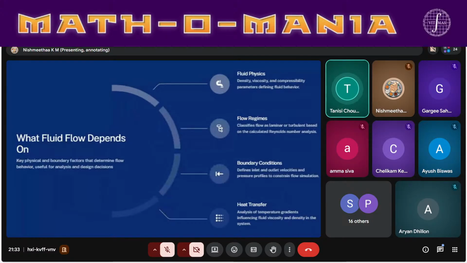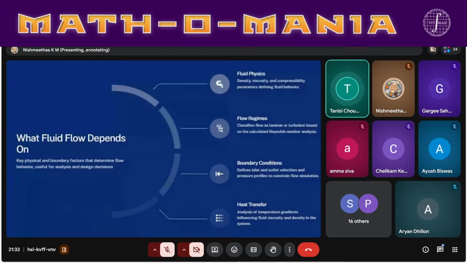Now, before we start analyzing something, we need to know the factors that it depends on. So basically, fluid flow depends on the fluid physics like the density, viscosity, and compressibility, or the flow regime: is it laminar or is it turbulent?